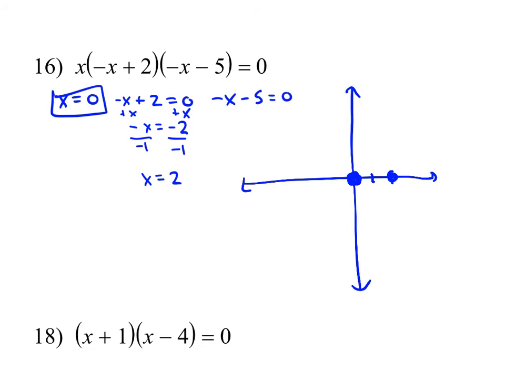It's our second point. And then how do we solve for x in our third equation? Awesome. We add x on both sides, so negative 5 is equal to x. So x is negative 5.